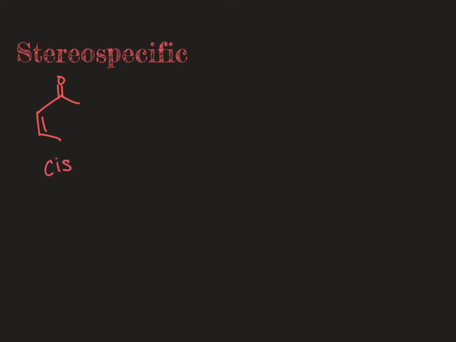So they're going to stay in that orientation in the Diels-Alder. So if I react that with just a simple diene here, we'll see that the product formed, you're going to keep that cis conformation. So the ketone and the methyl group are going to be on the same side of the double bond.